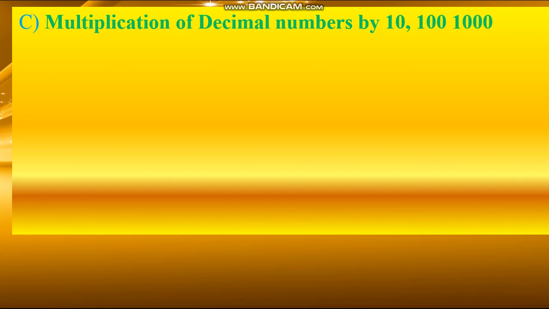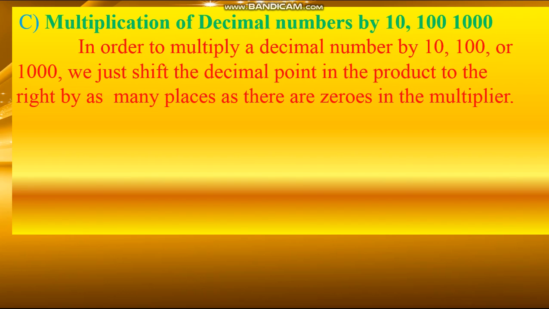Let's see multiplication of decimal numbers by 10, 100 and 1000. In this what do we do? We shift the decimal to the right. Earlier we were shifting the decimal to the left. Now here, in place of 10, 100 and 1000, we will place the decimal to the right as per the number of zeros. Here we have 10, so the decimal will be placed after one digit, that is after 4. We can write this as 234.5.